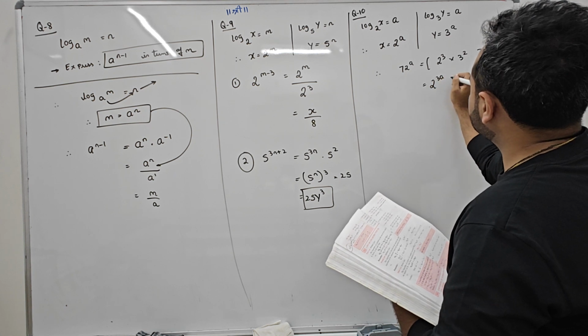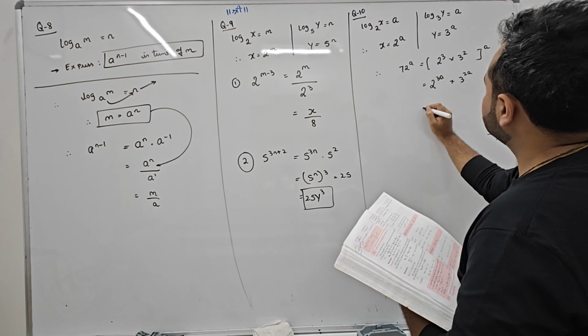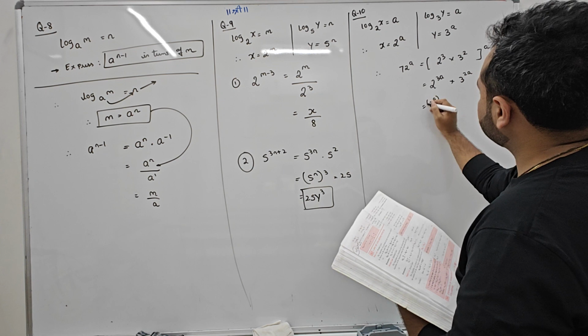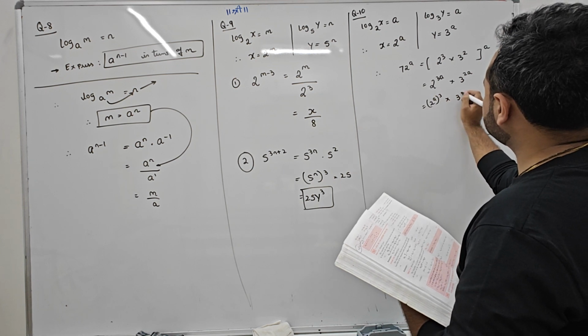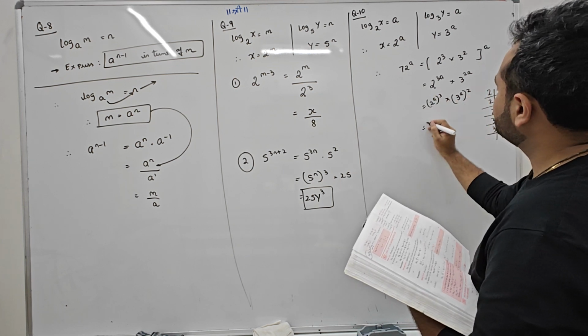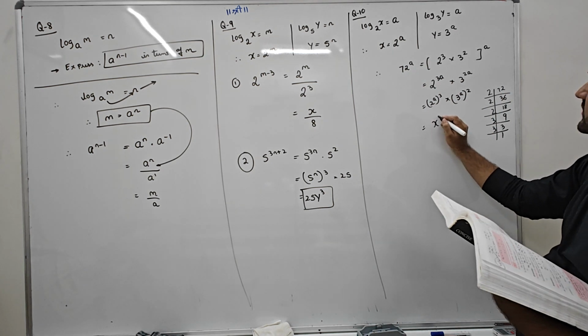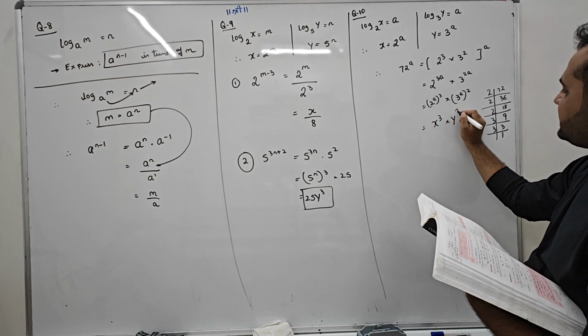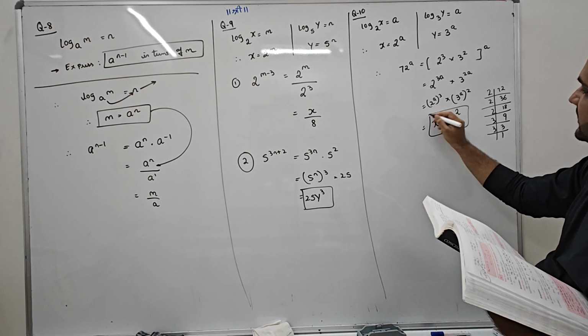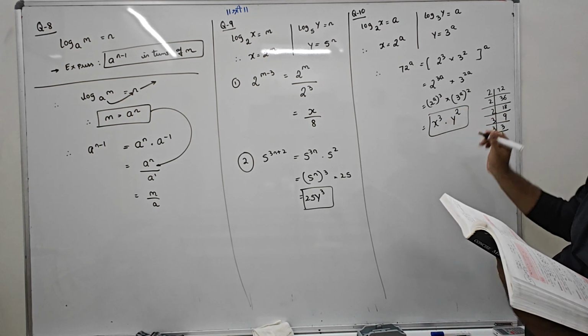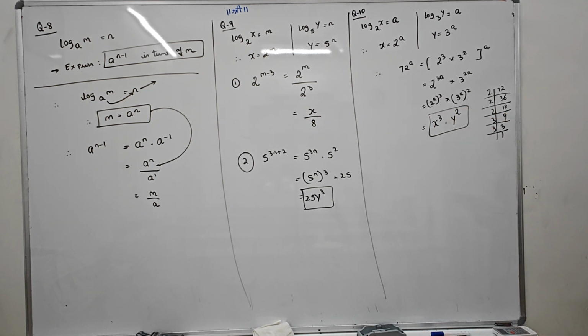So 2 raised to 3a into 3 raised to 2a. That is 2 raised to a to the power 3 and 3 raised to a to the power 2. What is 2 raised to a? x. So the answer is x cubed into y squared.